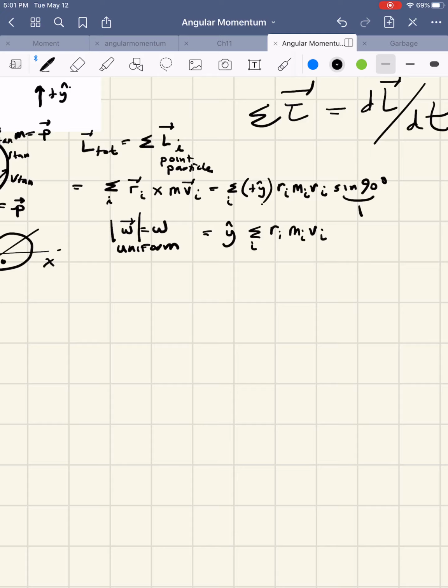This is where I'm going to use the idea that omega is uniform for the rotating rigid body. If you remember, omega is equal to v sub i divided by r sub i. The numerator and the denominator can be different for every single point particle, but their ratio is the same. So what I'm going to do is replace v sub i with omega times r sub i in this sum.